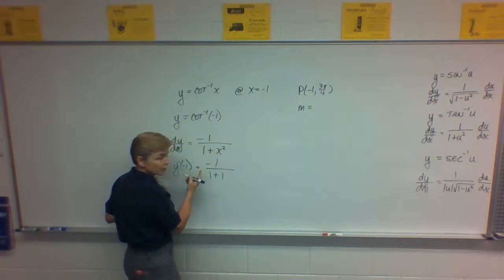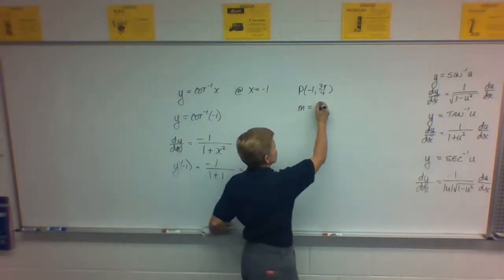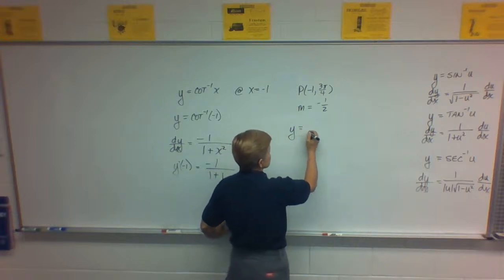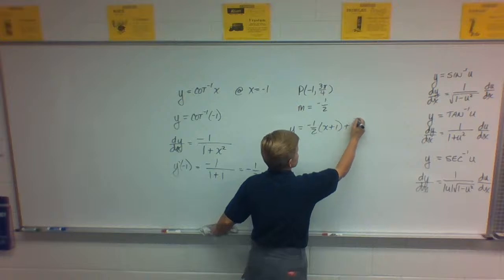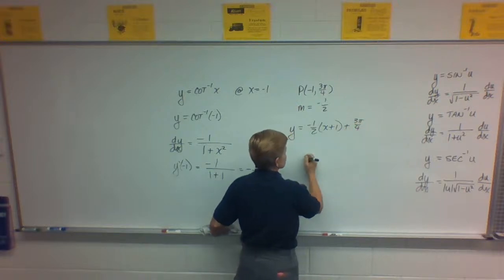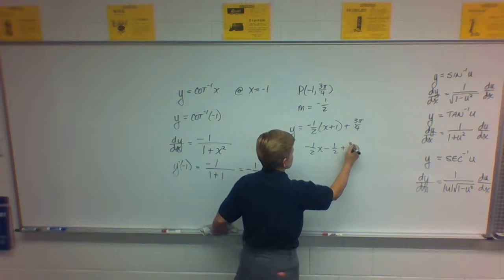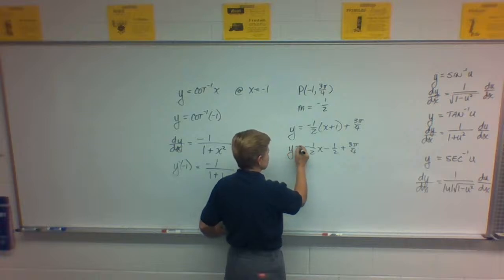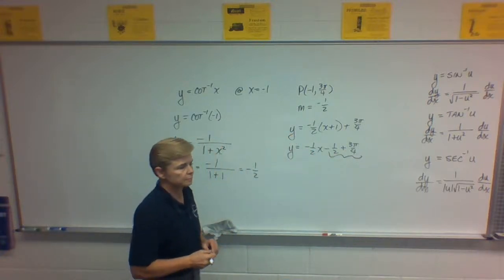You're squaring -1. Are you with me? Yes. That's our m. And we write the line. Since this is irrational and this is rational, you can't combine them, so just leave it. This makes up the entire constant on the end.